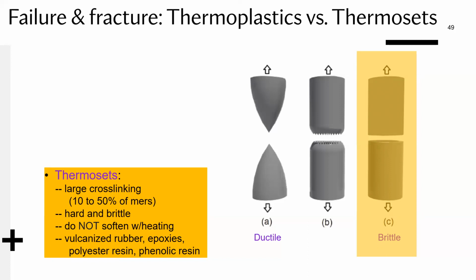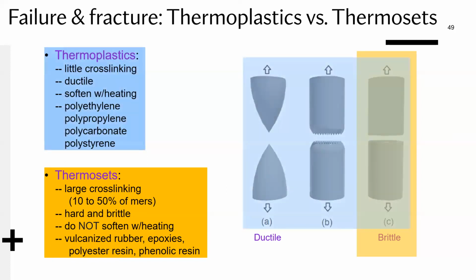That's because they're really strongly cross-linked, and they act kind of like metals. In contrast, thermoplastics, which I mentioned, are known to be materials that, upon heating, become really soft and deformable, such as polyethylene, polypropylene, polystyrene. These actually tend to have a more ductile mode of failure.